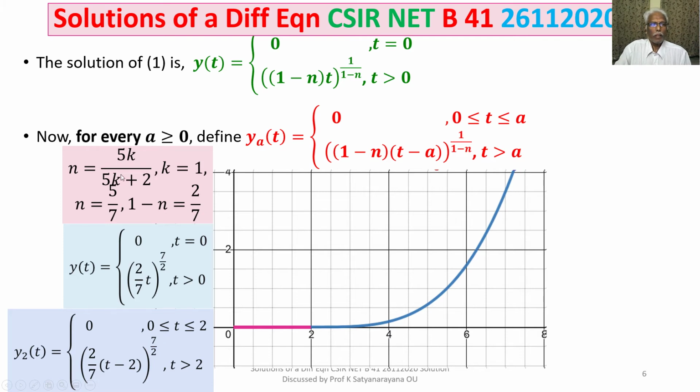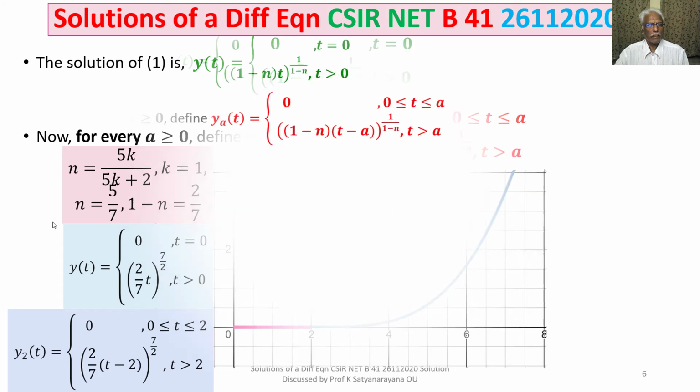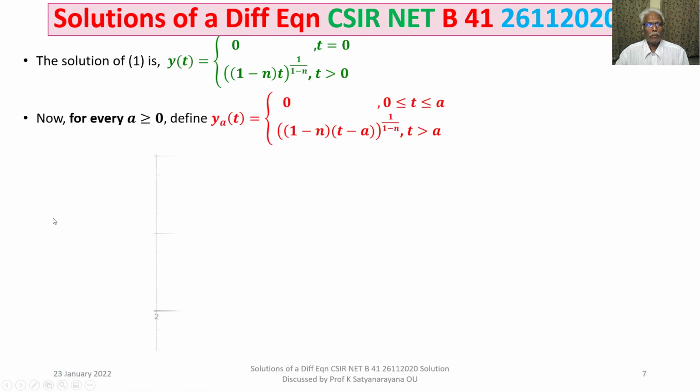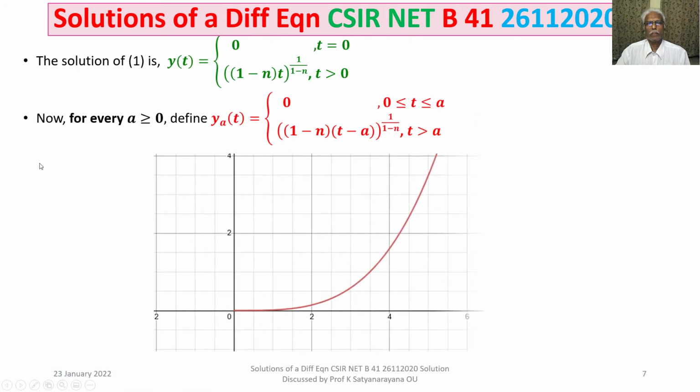But this a is greater than or equal to 0. That means a takes many values, and for each a we are getting a curve like this. I will show you that picture in the next slide. Now, this is the initial one.